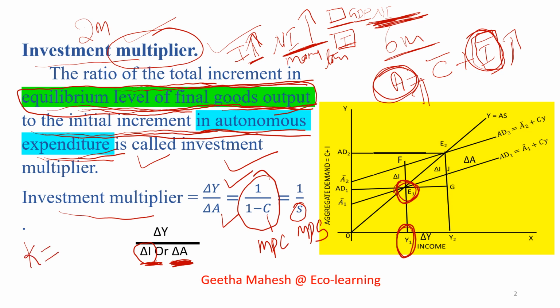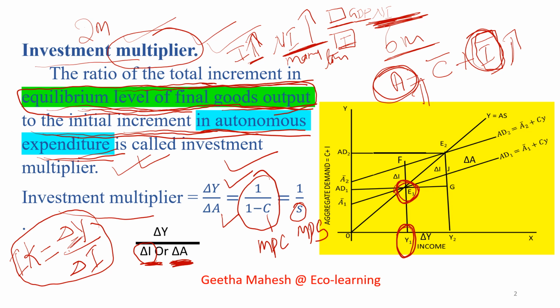Investment multiplier is equal to delta Y, change in income due to change in investment. So this relationship is shown by investment multiplier, and that is the meaning of investment multiplier.